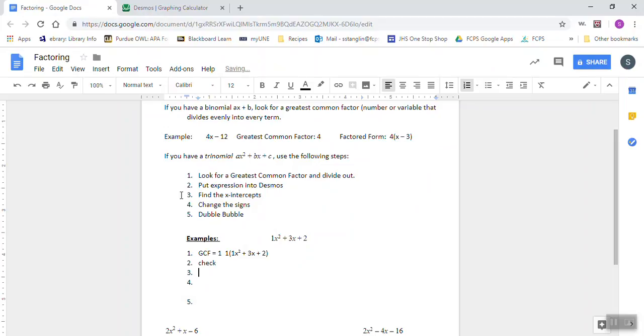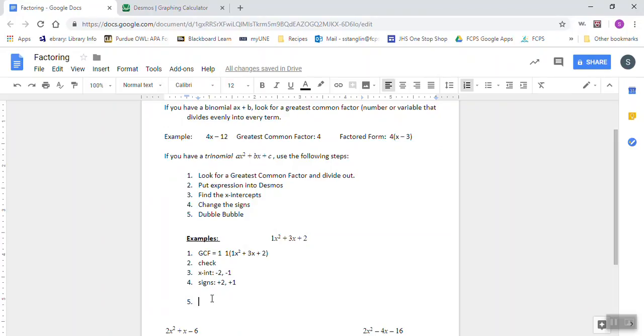Check. So then the x-intercepts, we said were negative 2 and negative 1. So then we have to change the signs. So instead of negative 2, it's going to become a positive 2. Instead of negative 1, it will become a positive 1.